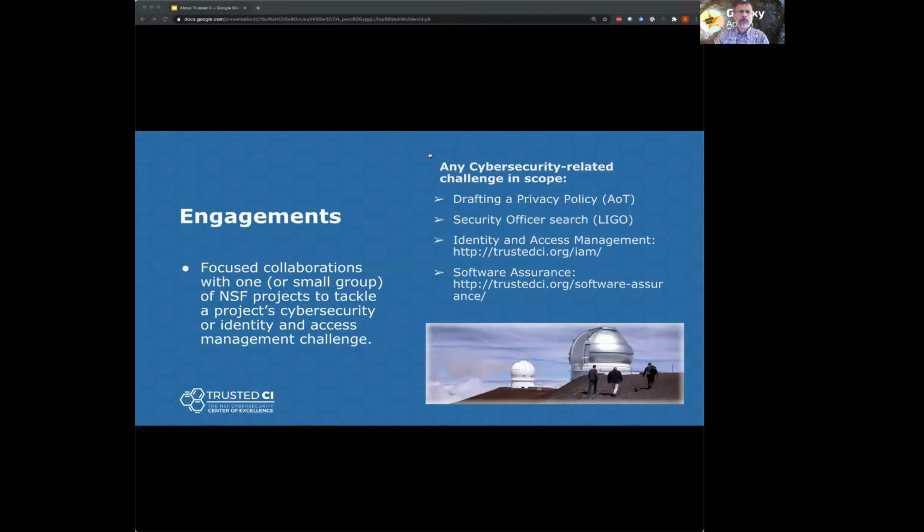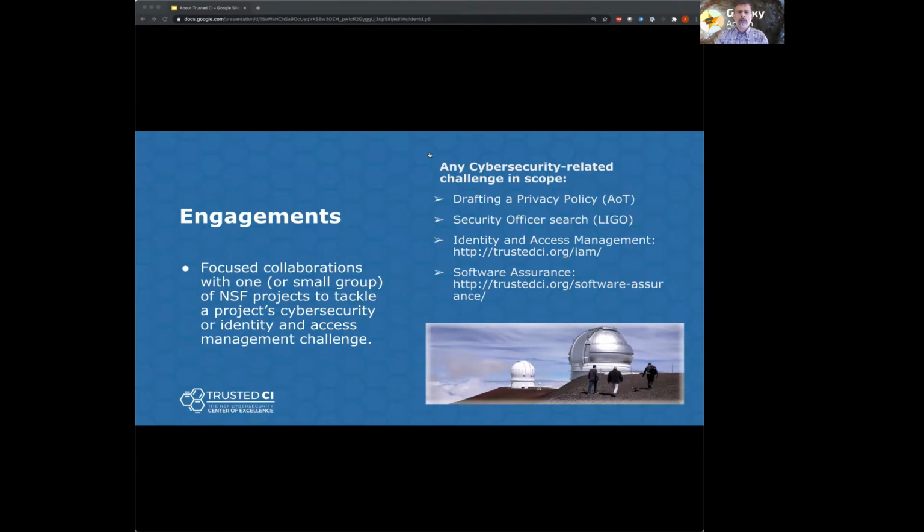Another very important service that Trusted CI provides are engagements. These are cybersecurity engagements, which can last from a short period of time, weeks, to 6 months, where you can apply if you have a small or a large National Science Foundation funded project or facility having to do with cybersecurity.